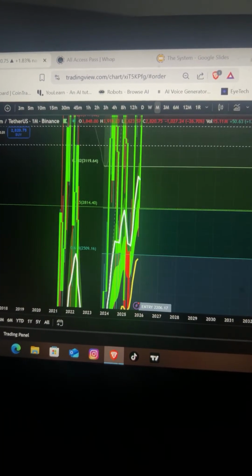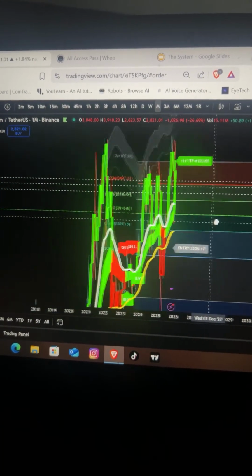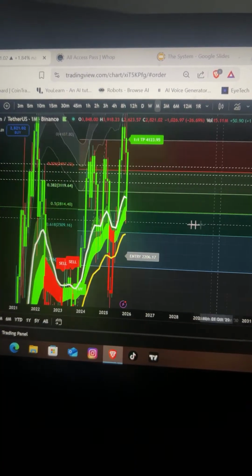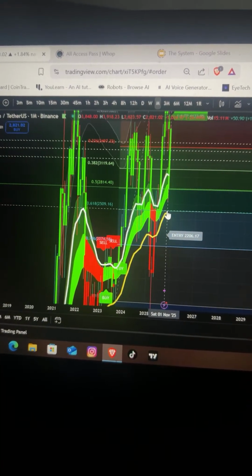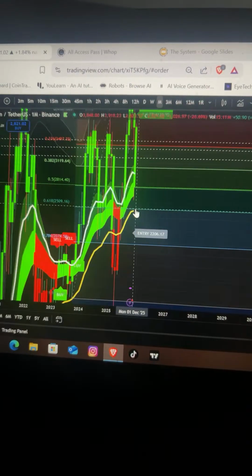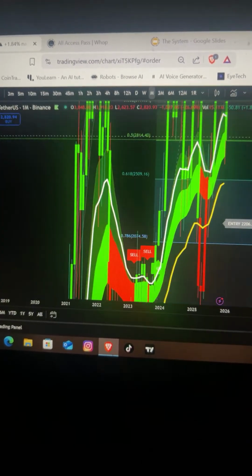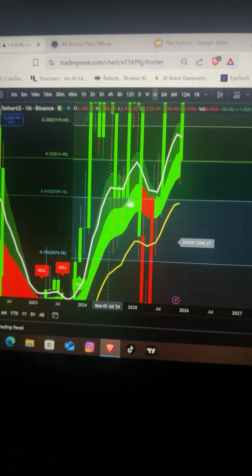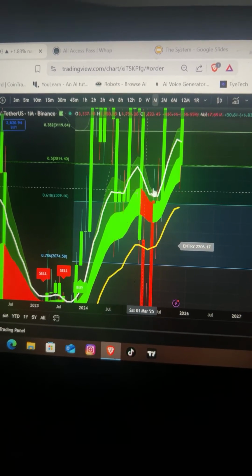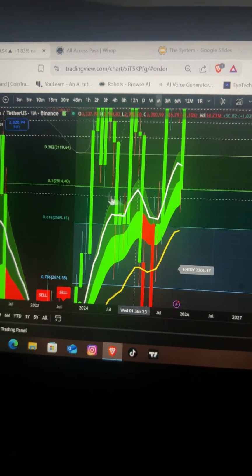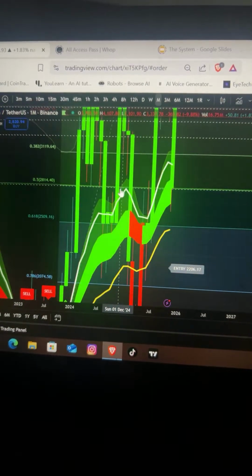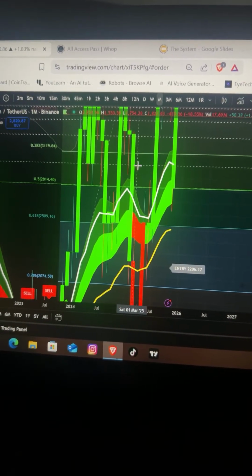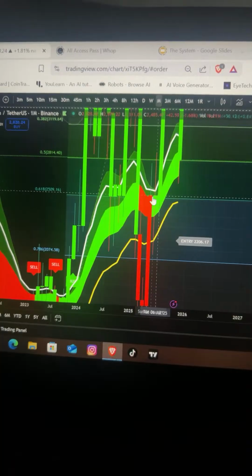For example, if I go to the monthly, this price right here, you can see it lines up right where these candles are. And the next one, some of them won't line up, but certain major ones will.